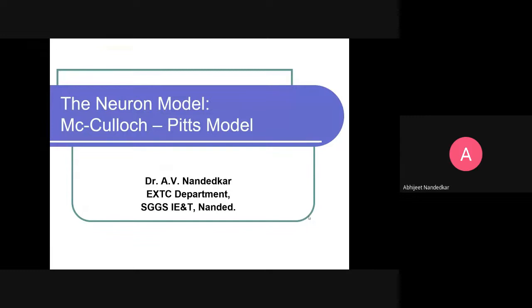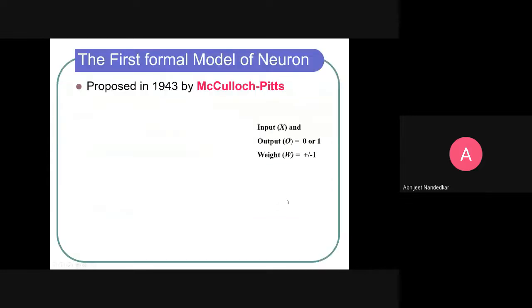Okay, so let us now jump to the very first mathematical model of artificial neural network proposed by McCulloch and Pitts. These were two scientists. They proposed the first model of ANN, or a simple neuron. It was proposed in 1943.